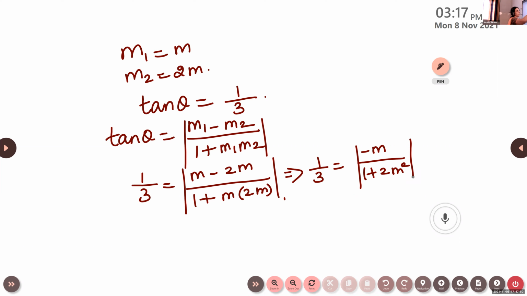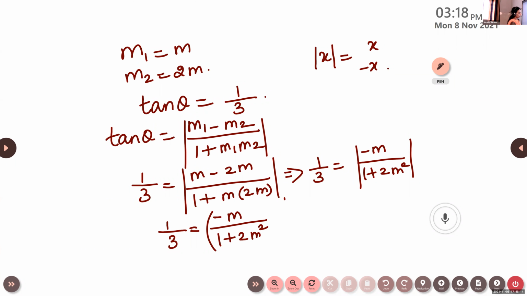Okay, so whenever we are given modulus of x, it means it may be positive x or negative x. In the same way here also we can consider both the cases. Suppose we take the positive value: 1 by 3 is equal to minus m by 1 plus 2m square.